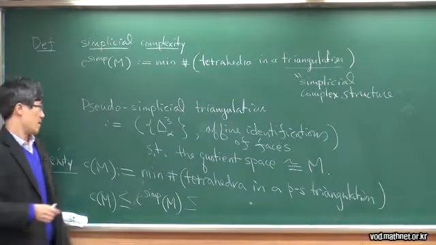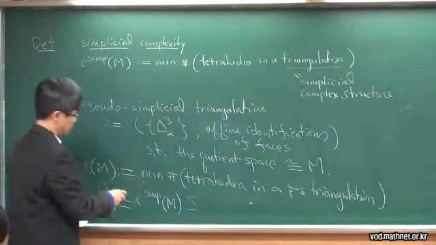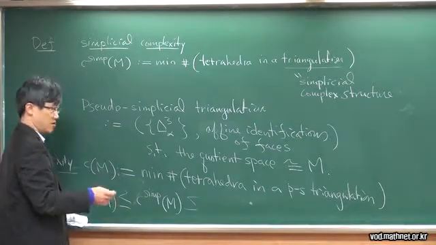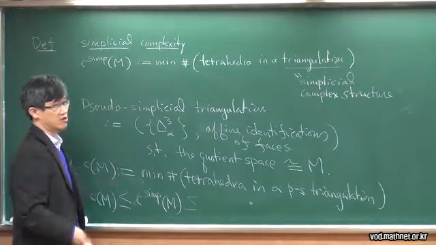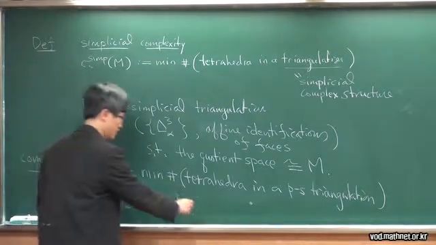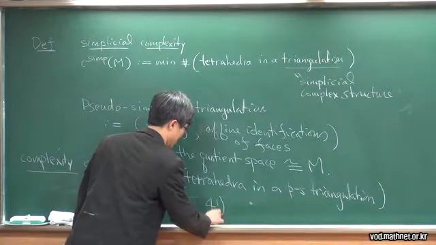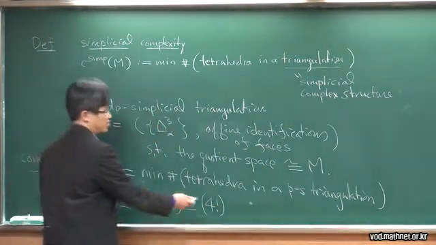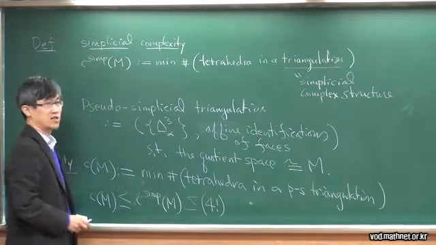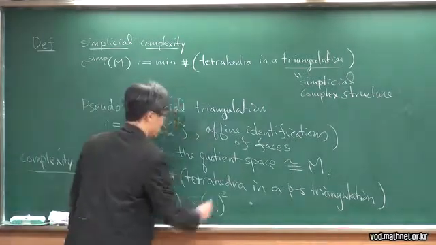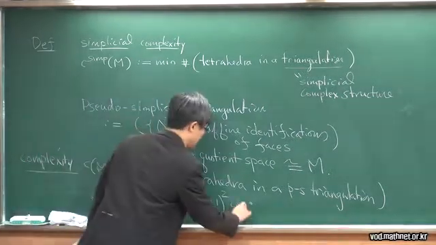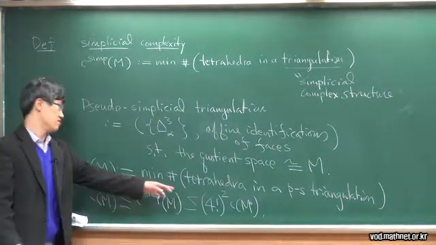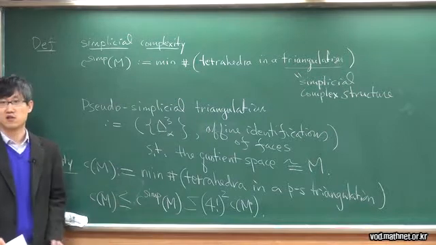The problem is resolved, so it's enough to count the number of tetrahedra in the second barycentric subdivision. It's an easy combinatorial exercise. Whenever you perform a barycentric subdivision once, you have this factor, and you do it twice. So up to constant factors, they are essentially equivalent.